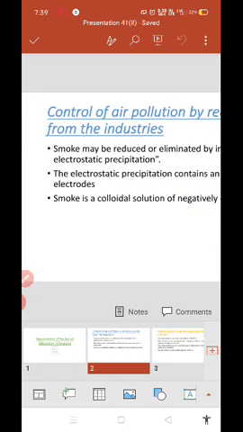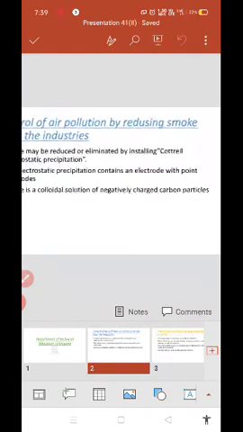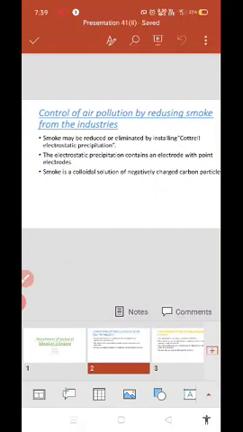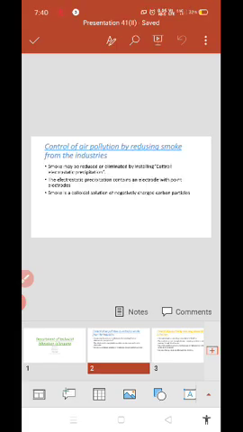We can also control air pollution by reducing the smoke from the industries. Generally, we are seeing the industries. What you have to observe is how we can identify the industries.